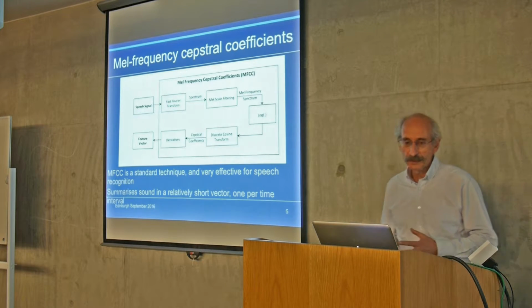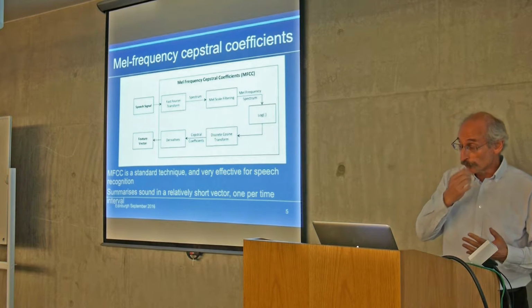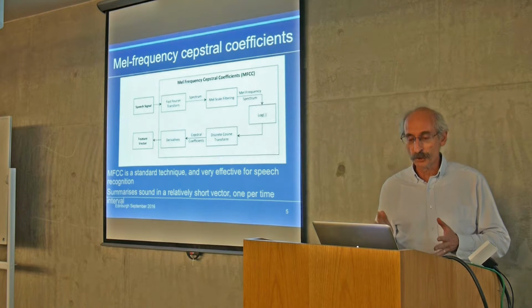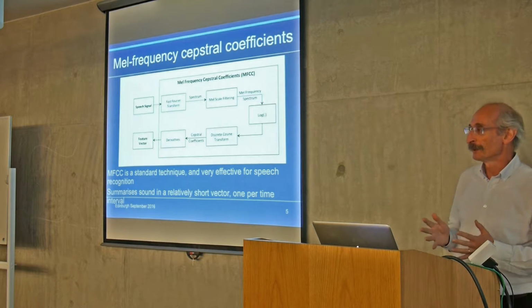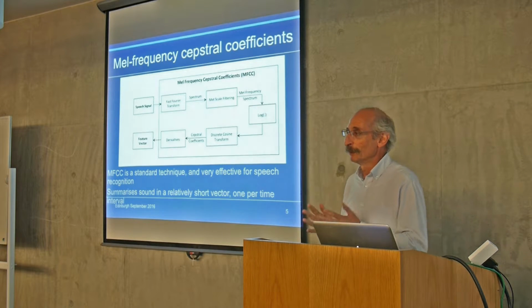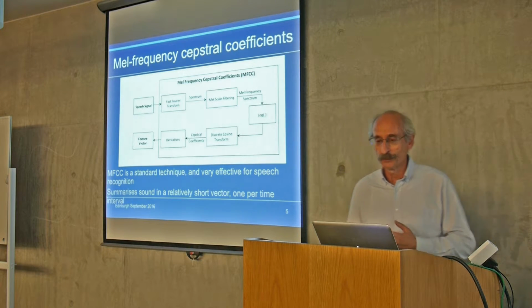It's a nice technique, it's very effective, it's been used a lot for speech recognition, and it summarises sound in a relatively short vector, one per time interval. That time interval might be 25, 30 milliseconds, and it might be overlapping. So that's a standard way of doing things.